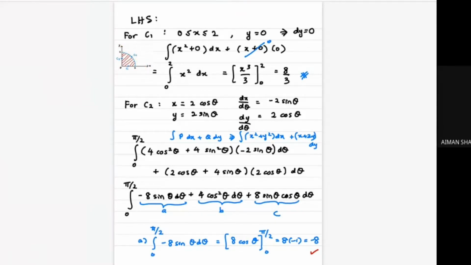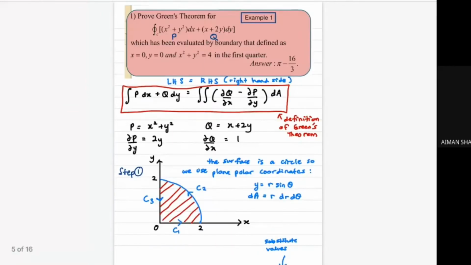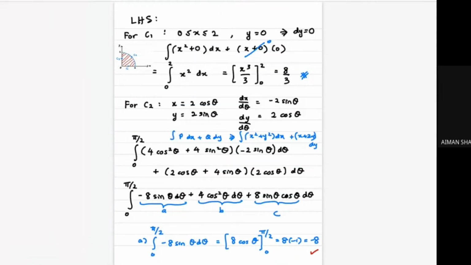Okay, so you can see for C1, x is from 0 to 2, y equal to 0. So you get dy equal to 0. So how to solve this? P dx plus Q dy. This is the formula for the left hand side. So this is your P and this is your Q. So you just substitute all these values.